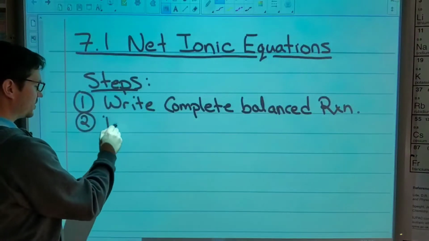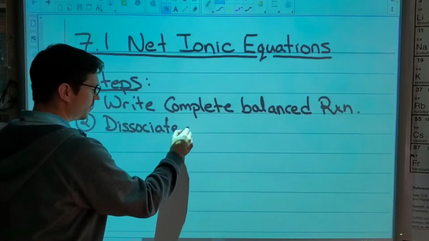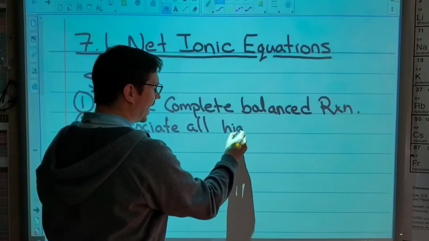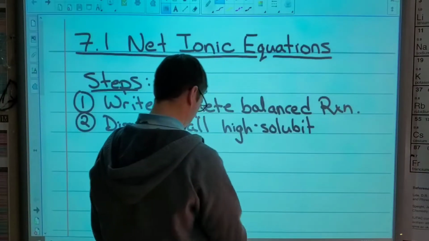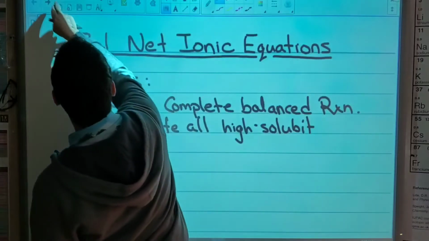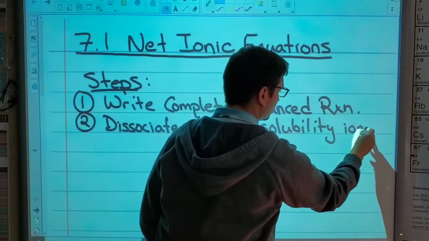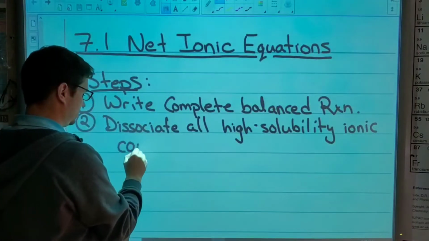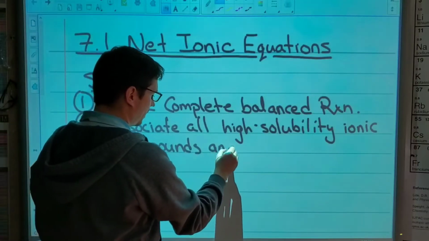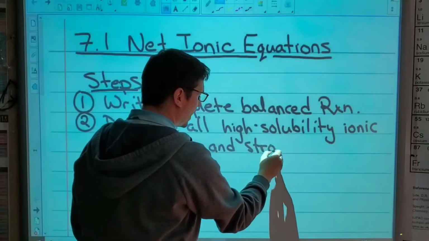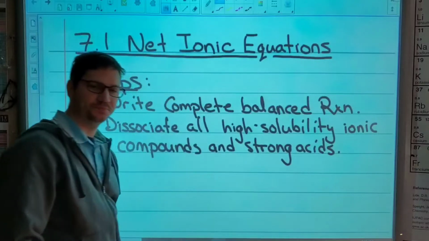So we're going to dissociate all high solubility ionic compounds and strong acids, because they're the things that split up 100%.